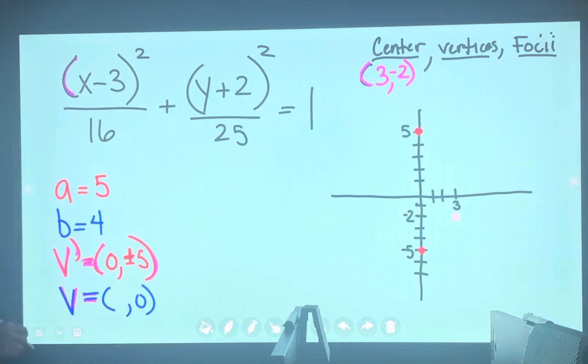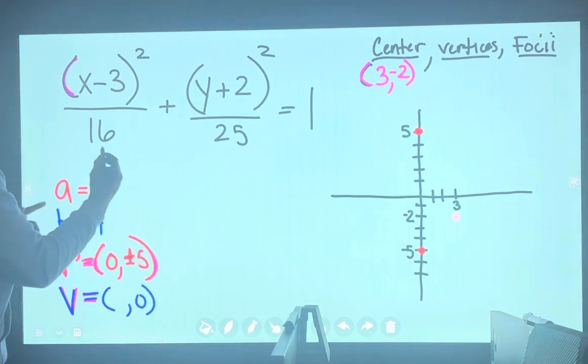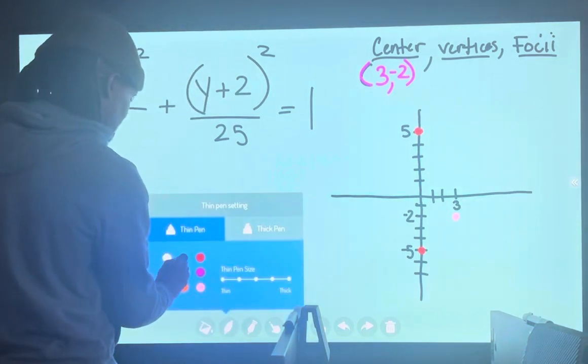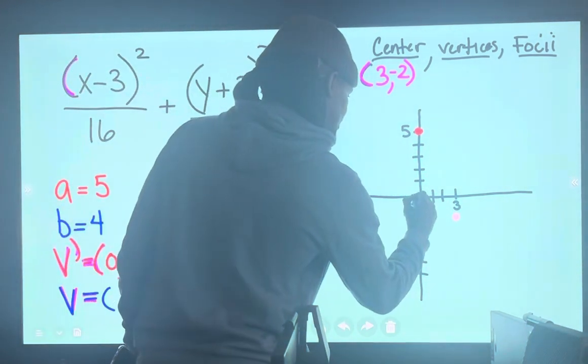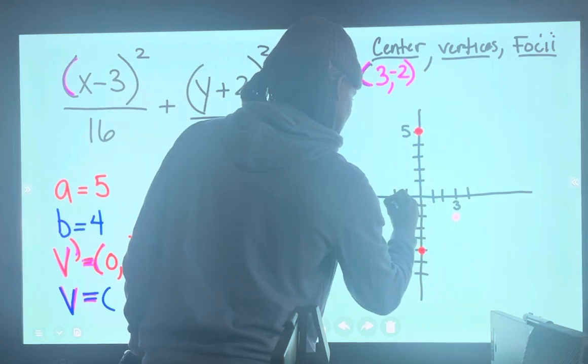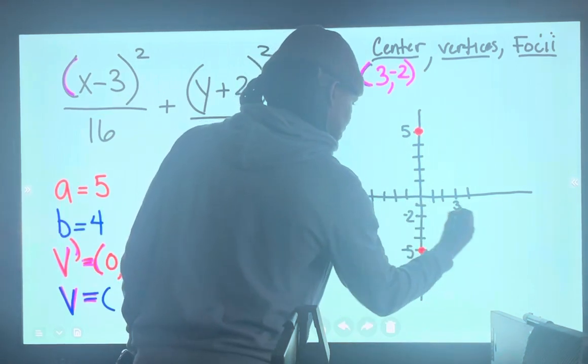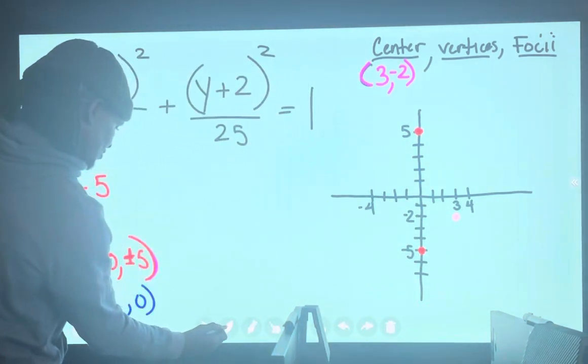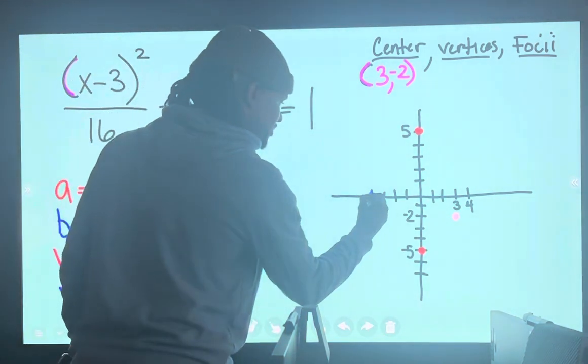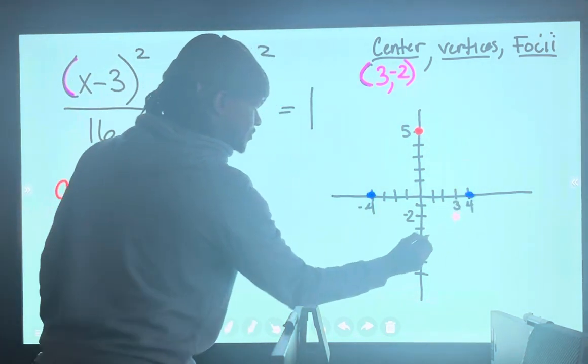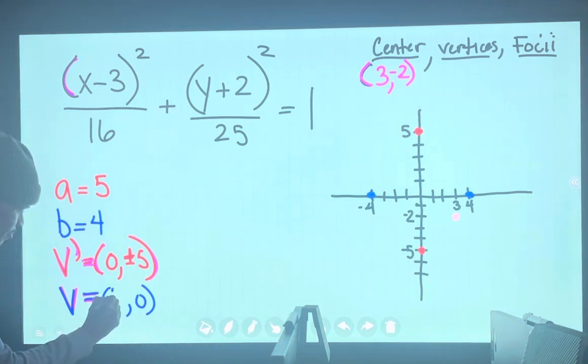Other way around. It would be plus or minus 4, 0. So you know your minor vertices are 0, plus or minus 4. Where do I lose you?